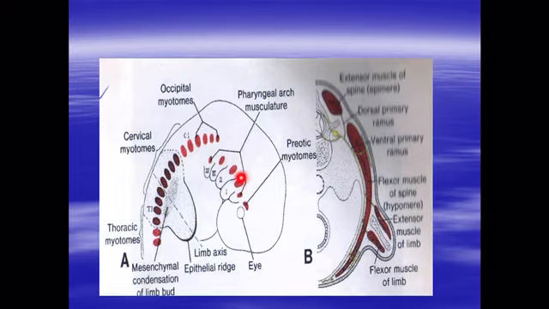So this is the upper limb and this is the lower limb. So the upper limb lies opposite the cervical, while the lower limb is located opposite the lumbar and sacral region.